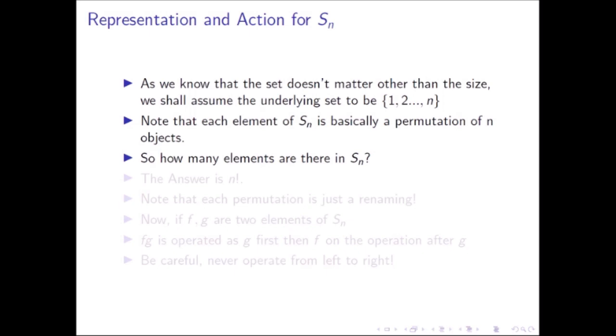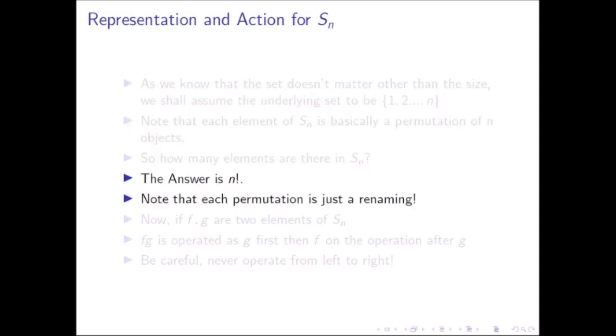So how many elements are there in Sn? Yes, the answer is n factorial. By definition, each permutation is just a renaming of objects. So 1 becomes f(1), where f is a bijection or permutation, 2 becomes f(2), 3 becomes f(3). They are just renamed over here, and uniquely renamed such that the name is also in this set. So that's what's interesting over here.